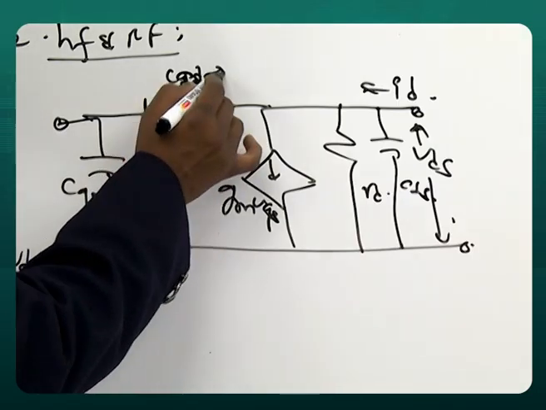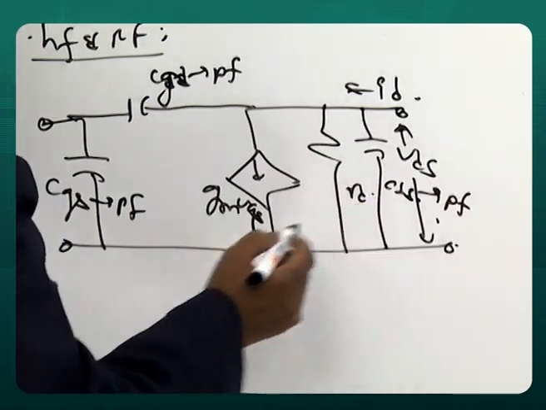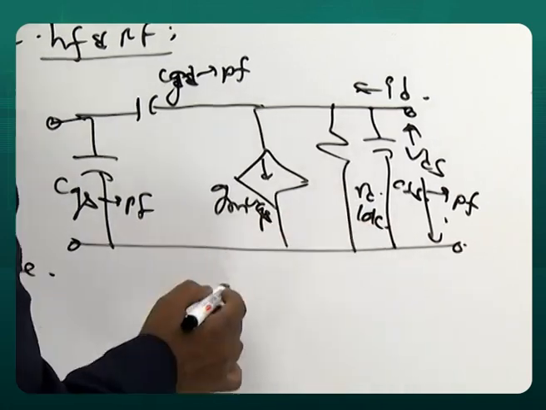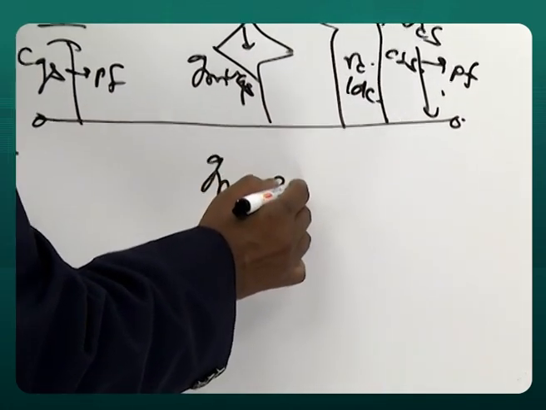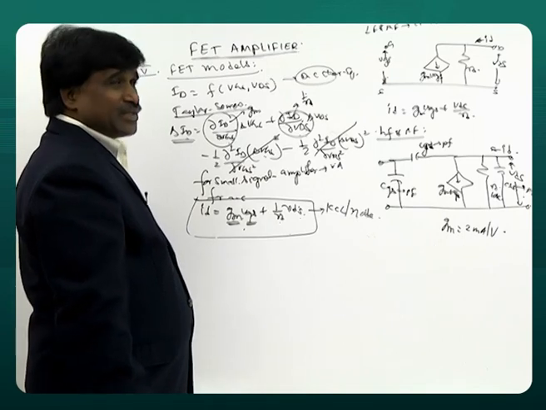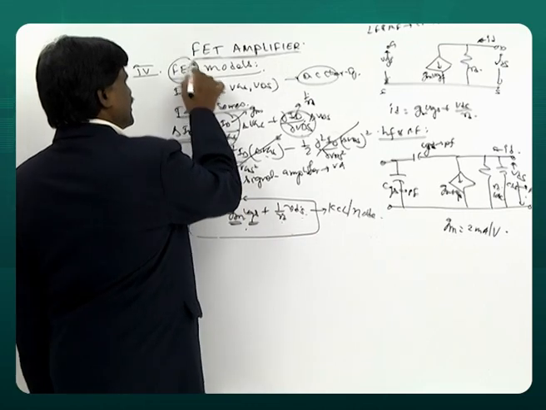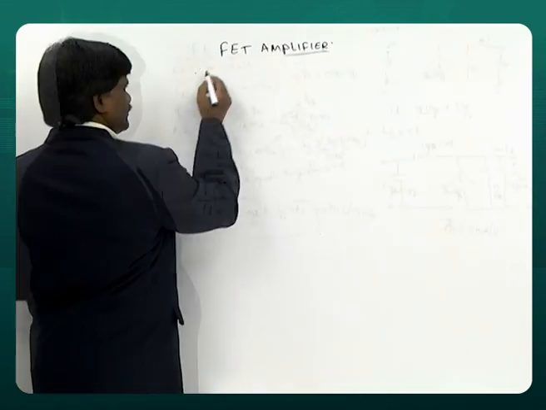This is of an order of picofarad and this is an order of picofarad. This is an order of picofarad. This is 10 kilo and GM is 2 milliamperes per volt. So this is called the models of FET. Which FET? All FETs, because for AC all FETs are the same.